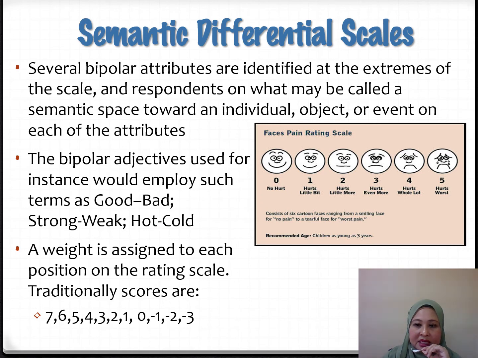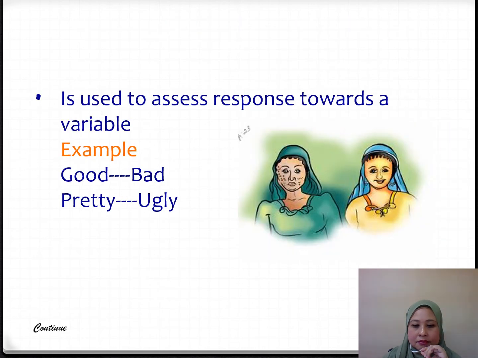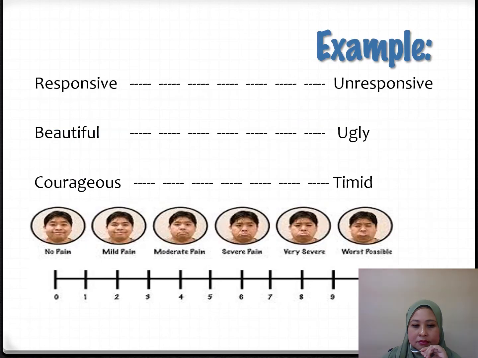Then we have the semantic differential scale. Usually they will use bipolar attributes, and usually they will go by good or bad, strong or weak, hot or cold. If your study is measuring small kids, then by using a picture, maybe you can get the answer.